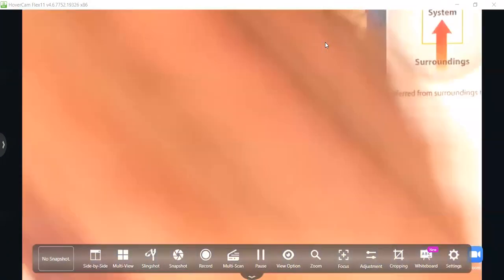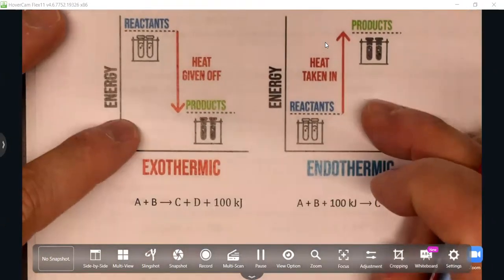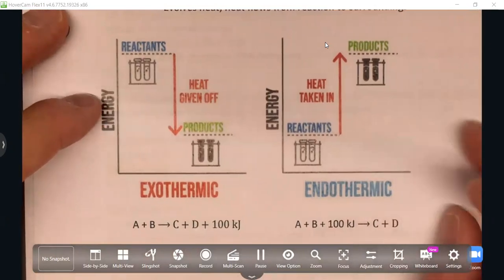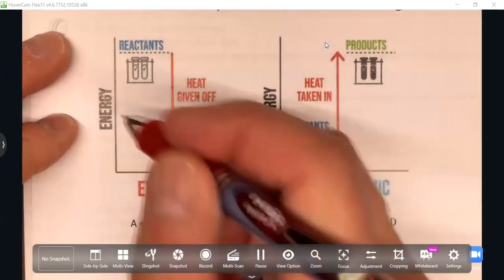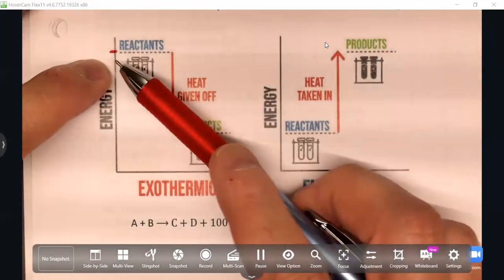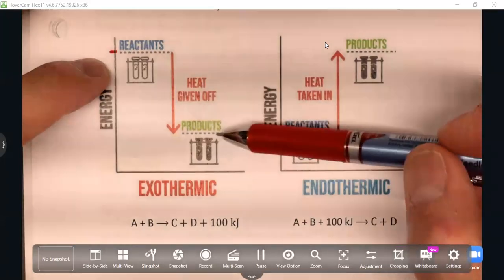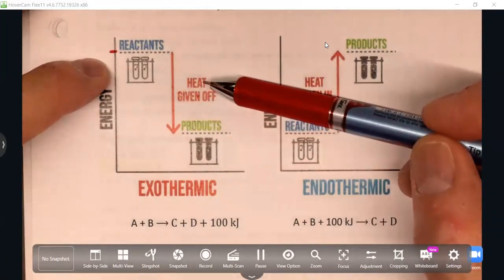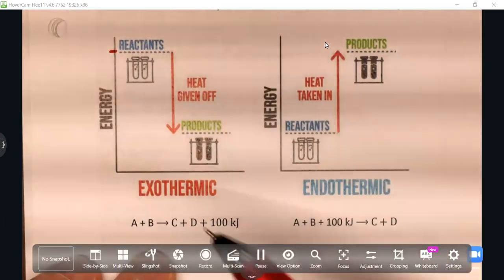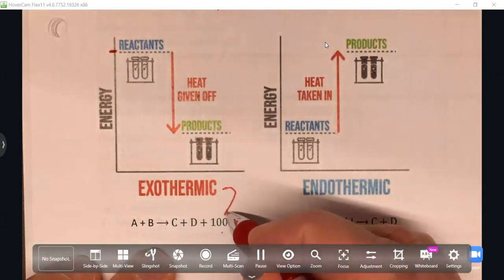Now, here's one, I want to say this is the one from the book, or from, I don't remember. So if the reactants have some kind of energy right here, and then we form products here, this would be heat given off. And if it is exothermic, we know that heat is a product.